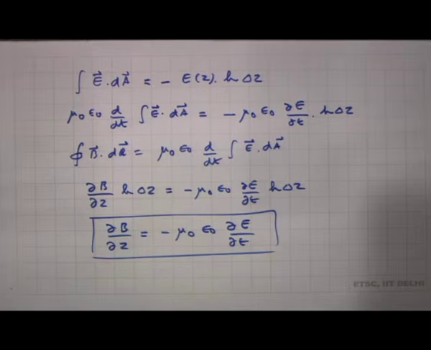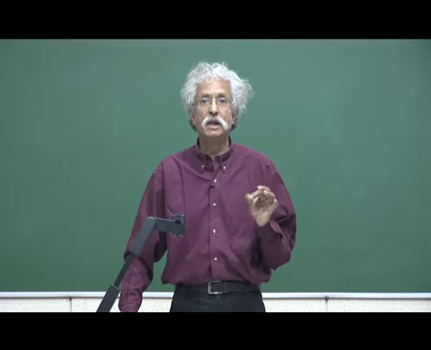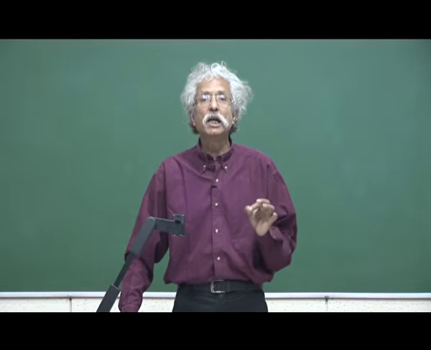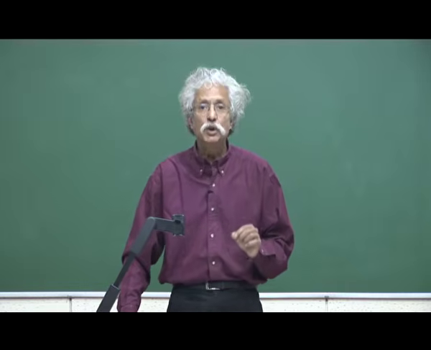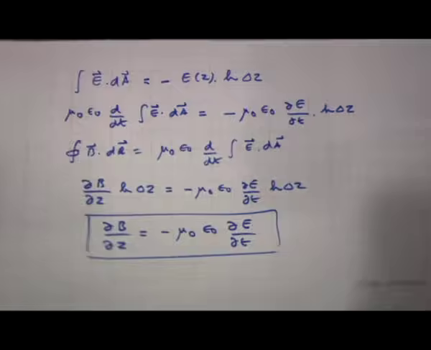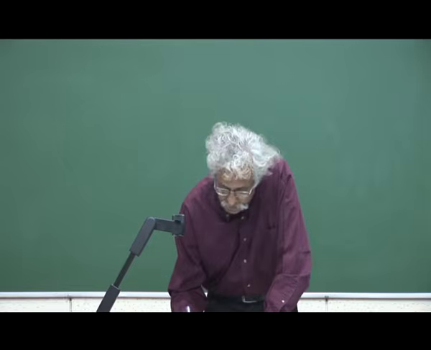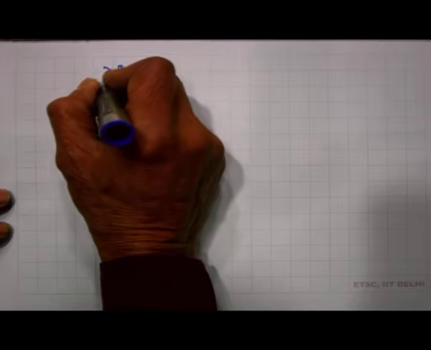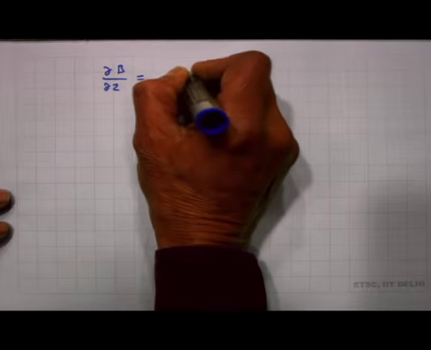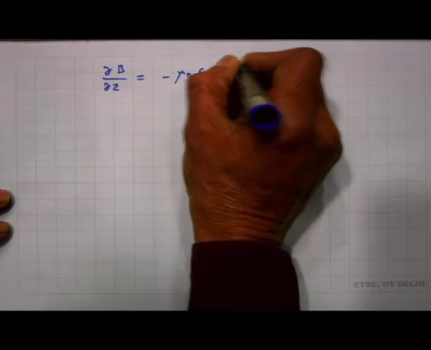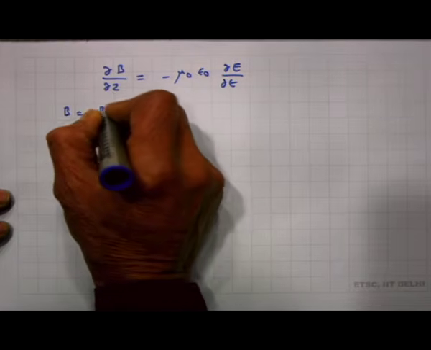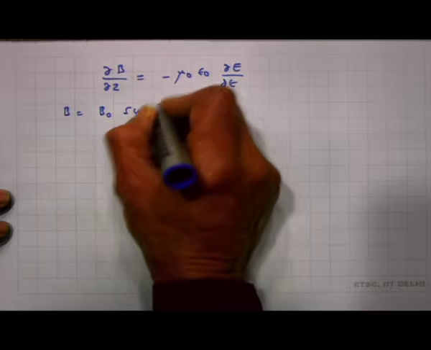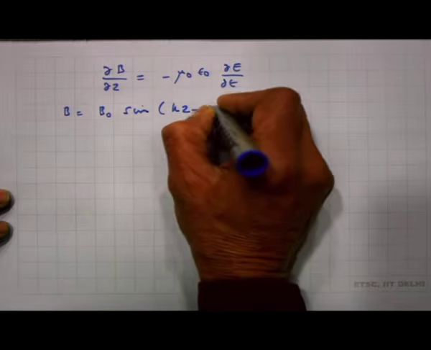So, if the solutions which I have written have to satisfy the generalized Ampere's law, then the electric and magnetic fields must satisfy this equation: del B by del z is minus mu 0 epsilon 0 del E by del t. So, let me substitute the solution. Now, B was equal to B naught sin of k z minus omega t.